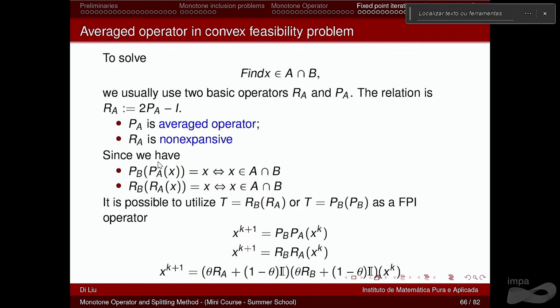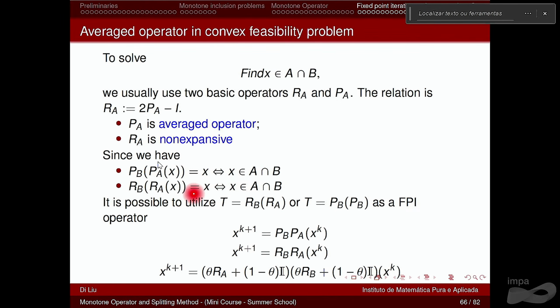Before we analyze the algorithms here, we need to see the fact that if x is a fixed point of the composition of P_A and P_B, then x belongs to the intersection.